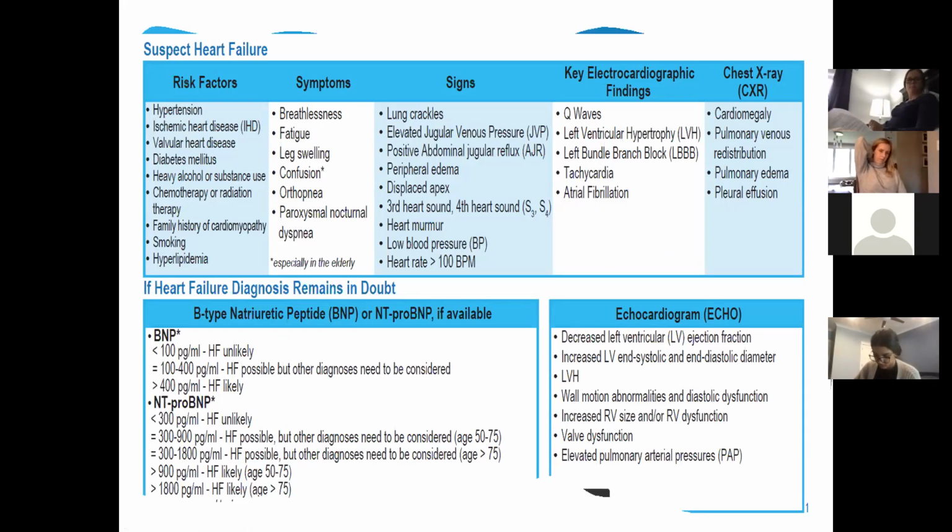And so Emily has informed me that they now do BNP testing in Manitoba. They were one of the last provinces to adopt it. BNP testing is expensive.